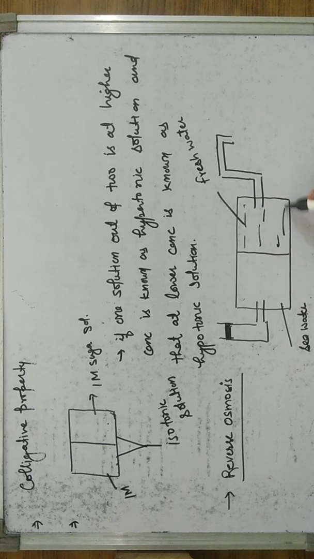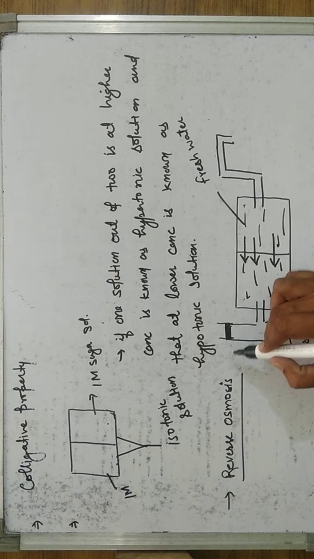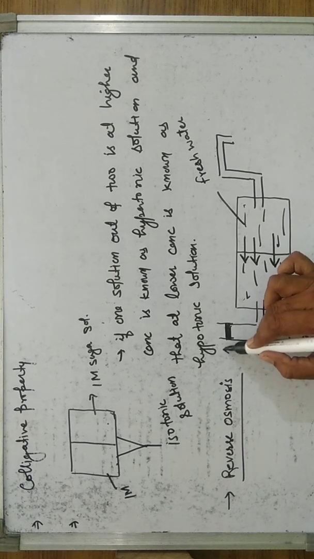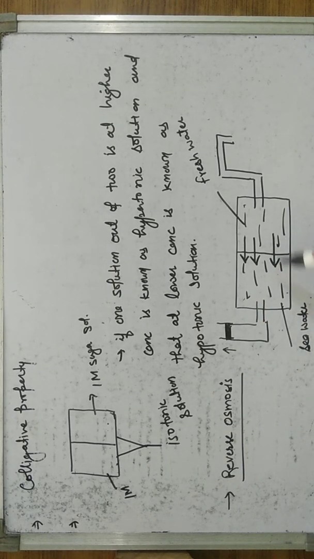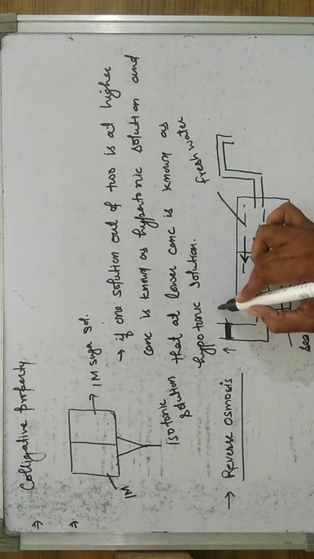When osmosis takes place, the process of movement of solvent from lower concentration to higher concentration is known as osmosis. As osmosis takes place, this piston moves upward and a stage is reached when there is no further movement of the piston, and we are able to find out the osmotic pressure.